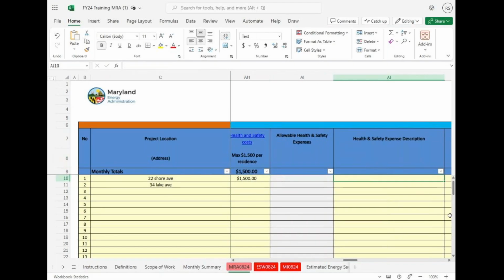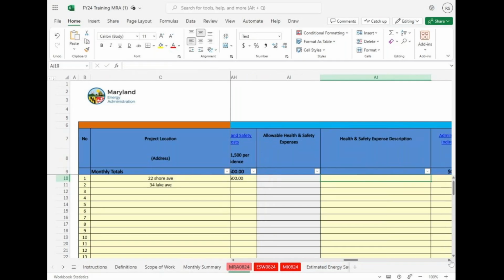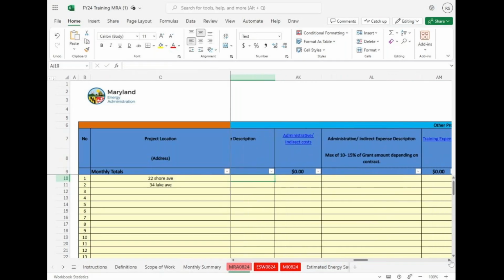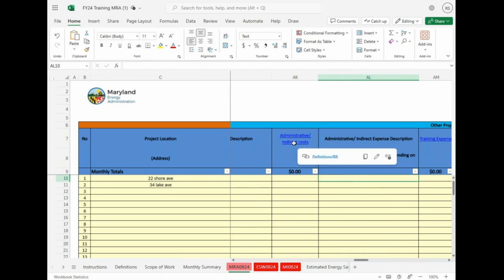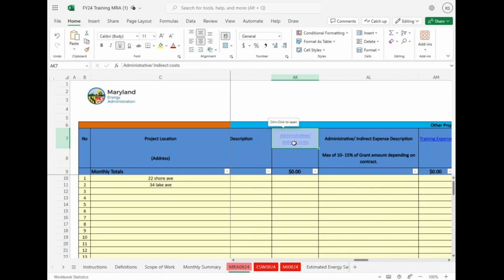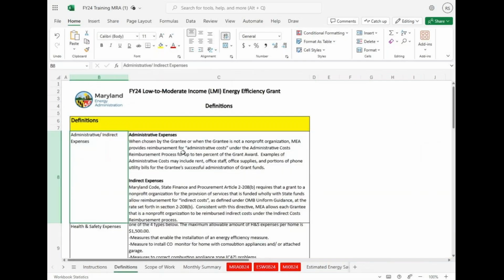For the health and safety, please let us know what it was. Admin, same thing. You can only have a max of 10 to 15% of the grant amount, depending on contract. So it changes for everyone, but that is mostly the defined cutoff. A feature that I would like to show is if you do have questions on this, you can control click and it will bring you right to the definitions for that information.